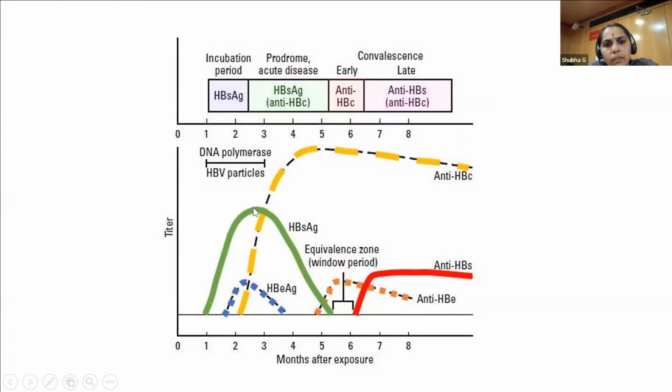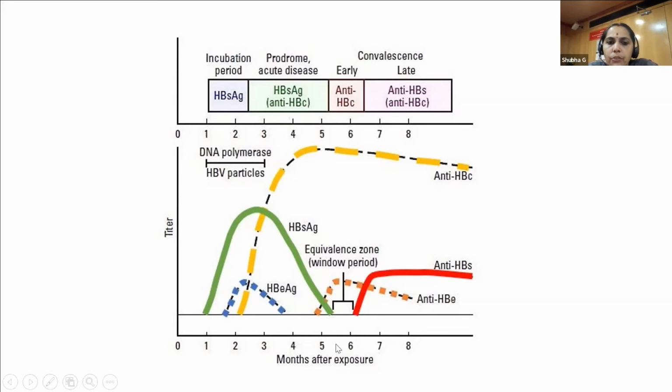And once the patient starts producing anti-HBs, he is going to have neutralization of the HBsAg. Now, there is a window period here where the patient is actually HBsAg positive and he's also secreting anti-HBs. So the neutralization is occurring. And at this window period, we won't be able to detect either HBsAg or anti-HBs in the serum because the antibodies are just neutralizing the antigens.